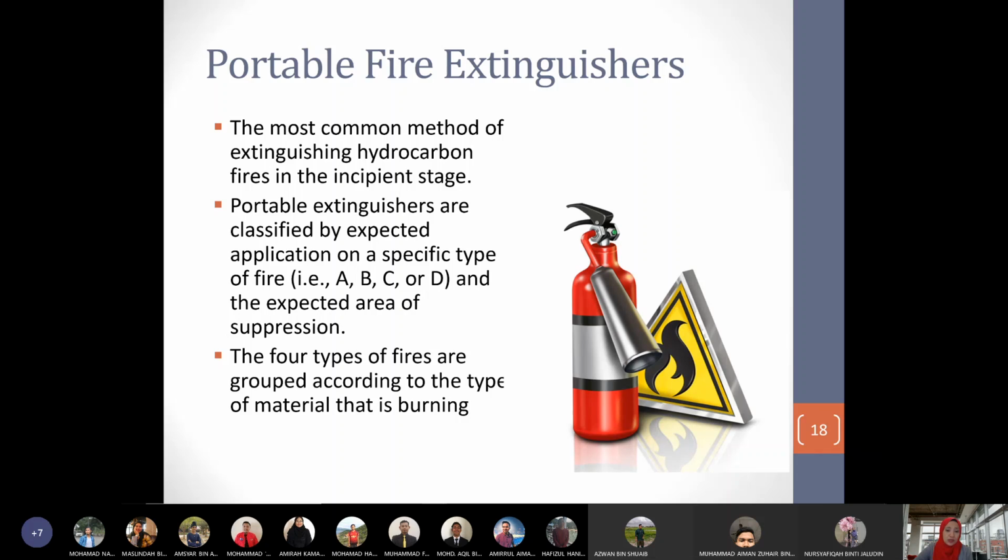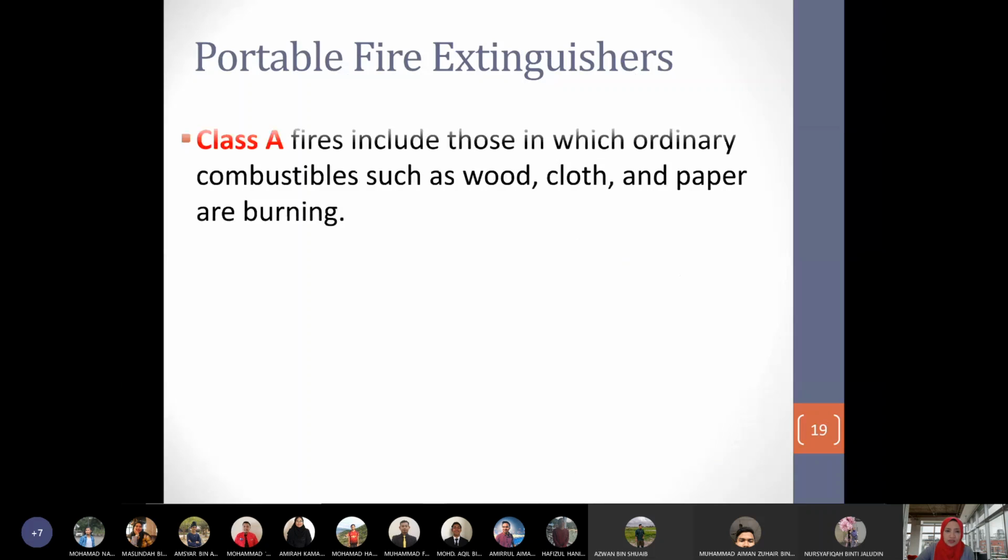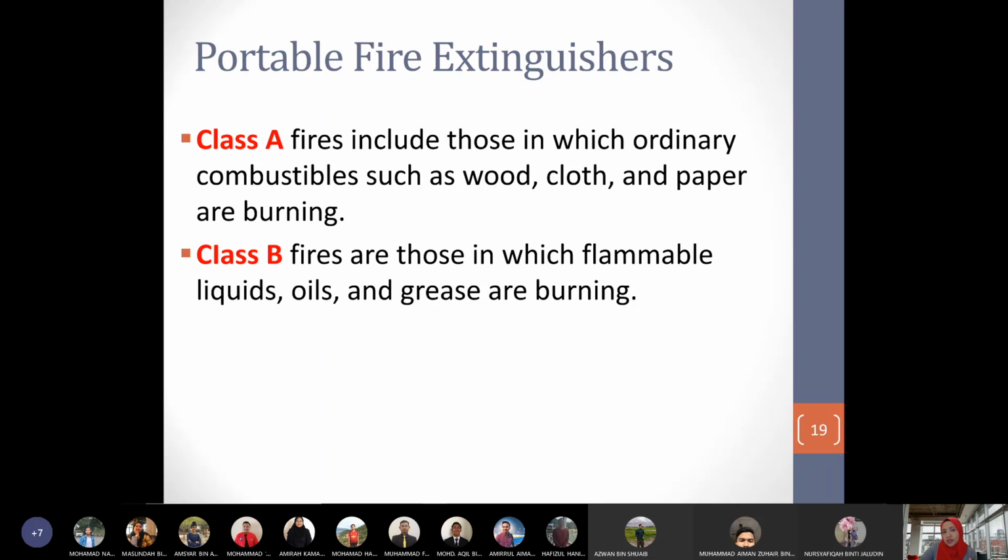Types of fires are grouped according to the type of material that is burning. Okay. For example, Class A fires are fires that start on ordinary combustible materials such as wood, cloth, paper. If they're burning, that is classified as a Class A fire. Now, Class B fires are those in which flammable liquids, oils, and grease are burning.